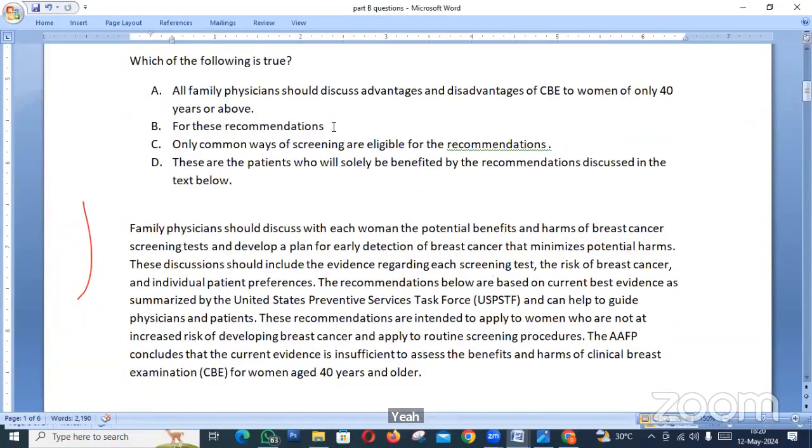For these recommendations, routine, for these recommendations.